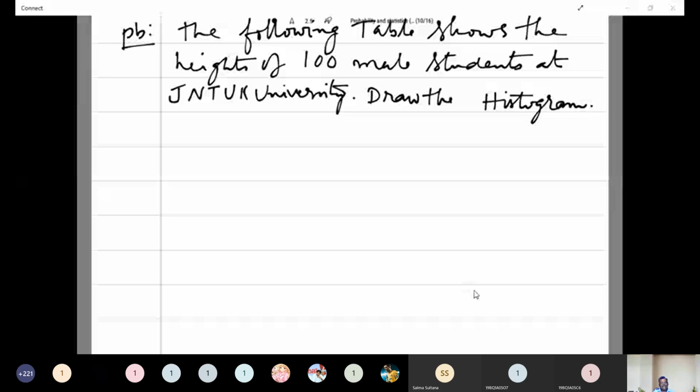Now see the heights in inches and the number of students.